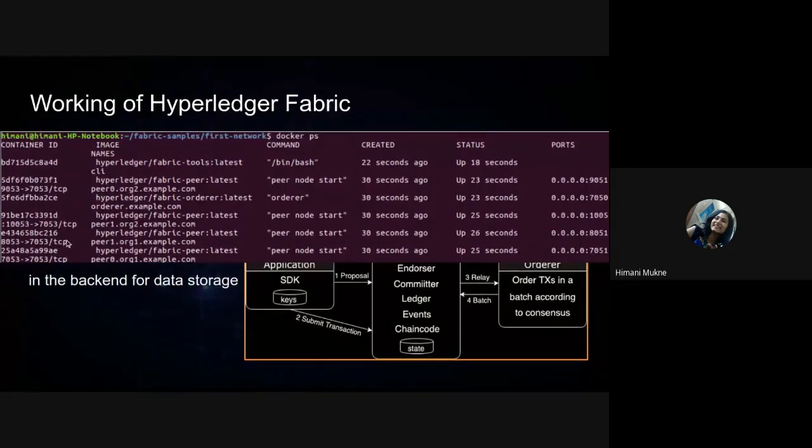Then all the different peers, peer 1 of org 2, peer 1 of org 1, peer 0 of org 1, all have independent Docker containers, which shows that if you want complete isolation, and if you want to keep the network up and running always, you have to ensure that all of these nodes and all of these peers are isolated completely. Okay, moving on.